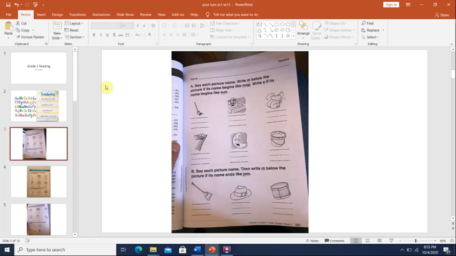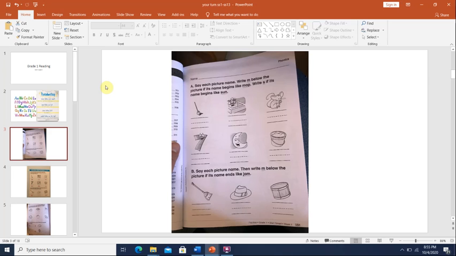Like mom, map, mop. And what else? Mouse, mice. What words begin with S? Snake, sun, six, sand.